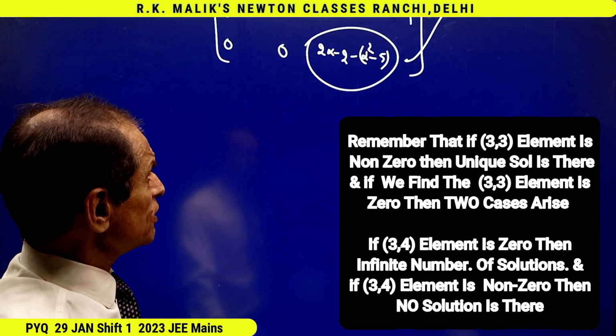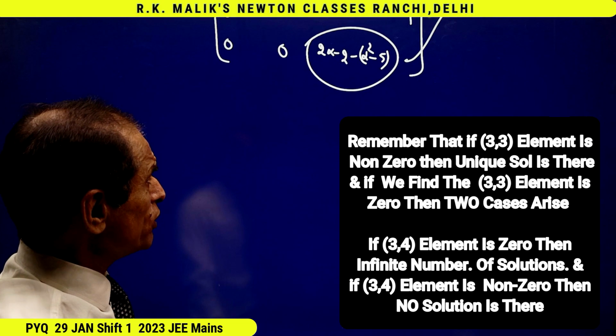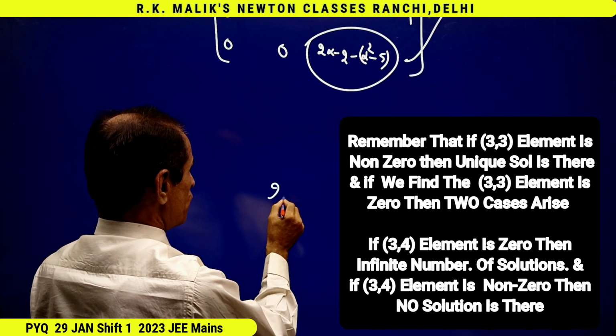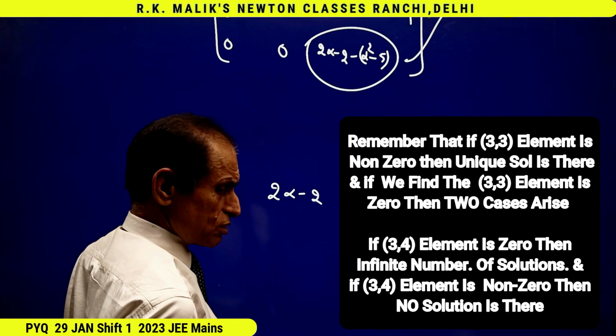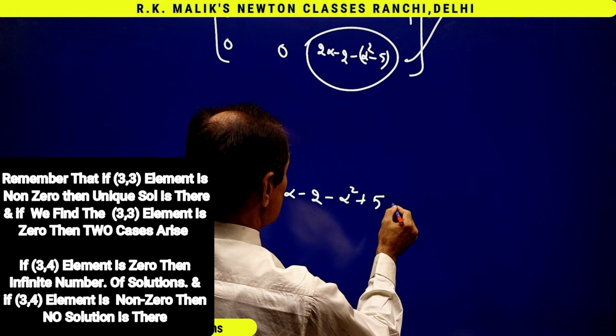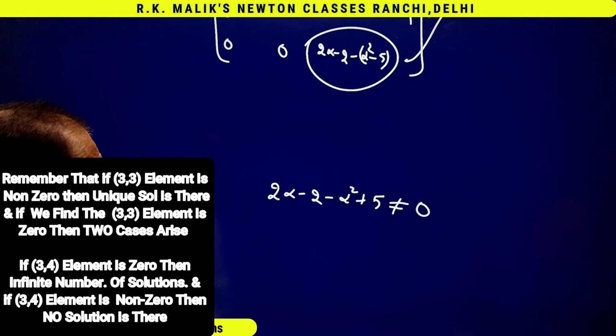If you have studied the concept of augmented matrix, then you must know that if this is non-zero, that is 2 alpha minus 2 minus alpha square plus 5 non-zero, then the equation will have a unique solution.